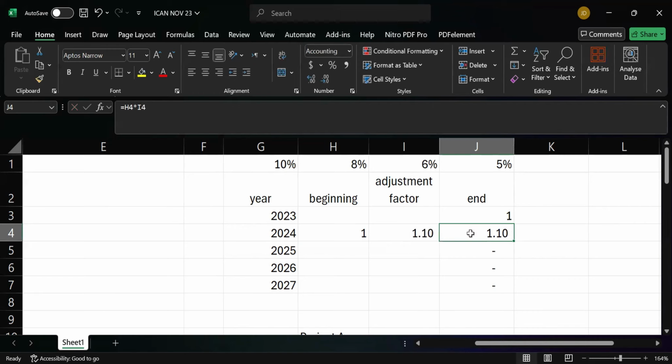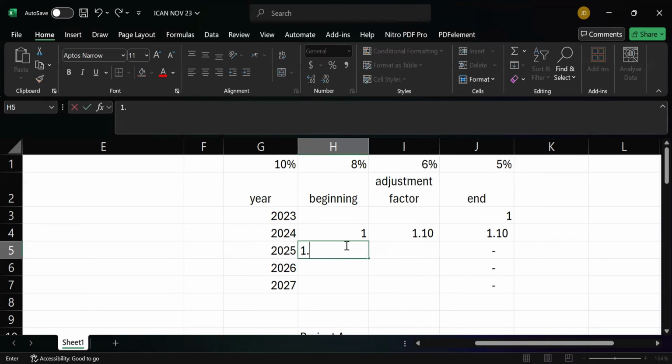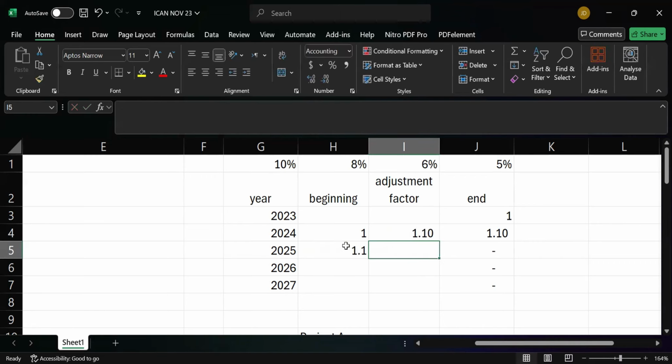So at the end of year one, I'll be having 1.1. So beginning of year two, I'm having 1.1. But the inflation for year two is 8%, which is 1.08.